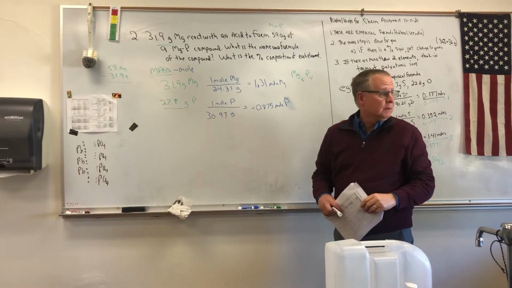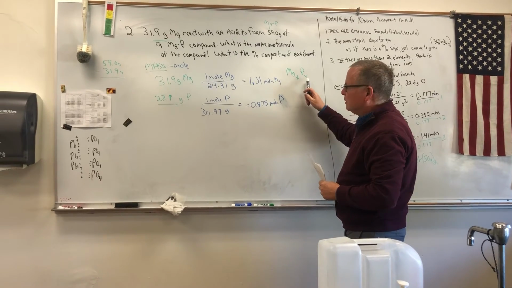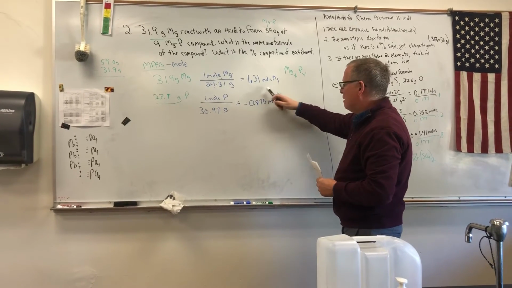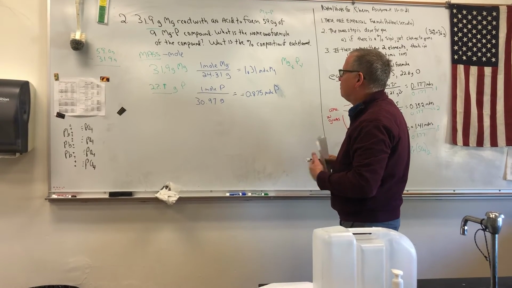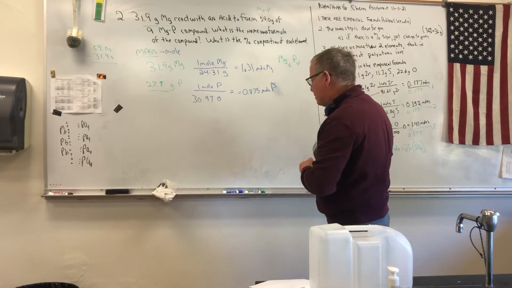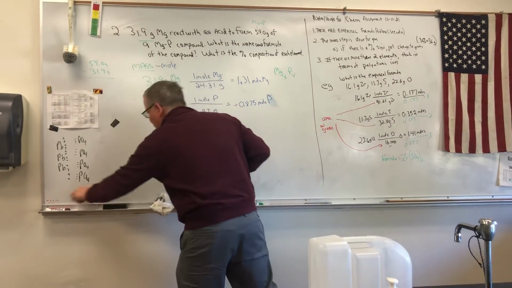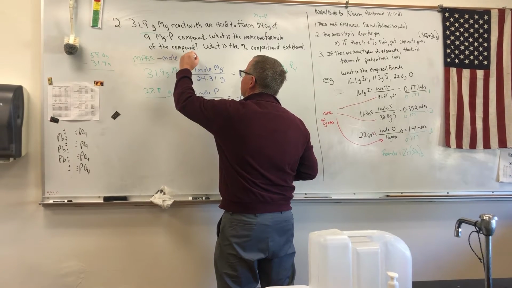Now the next step is, because in this formula it's a mole ratio, but it also has to be an atom ratio. So we can't have decimals for atoms. You can't have a partial atom. So we're going to convert these to whole numbers, which I'll use red for. We call this the mole ratio step.